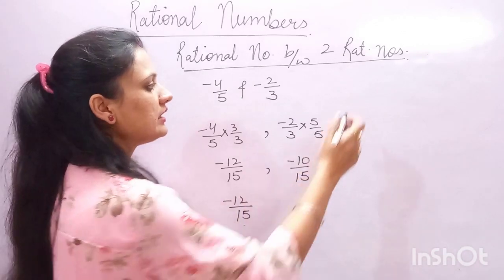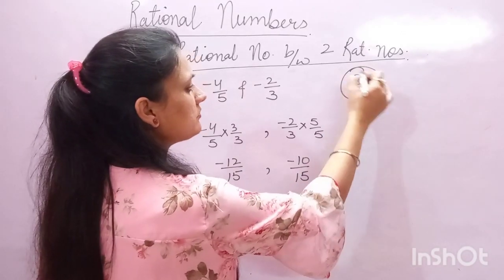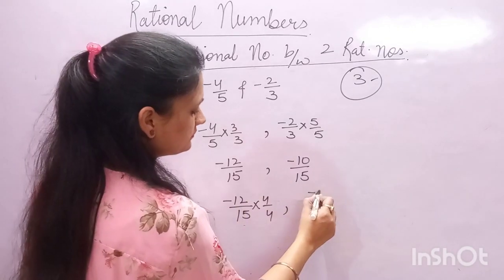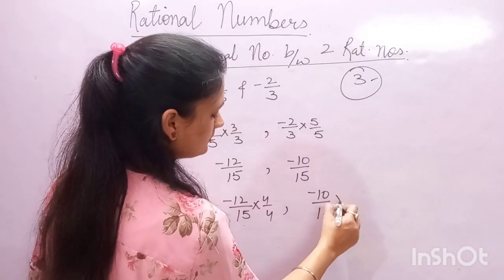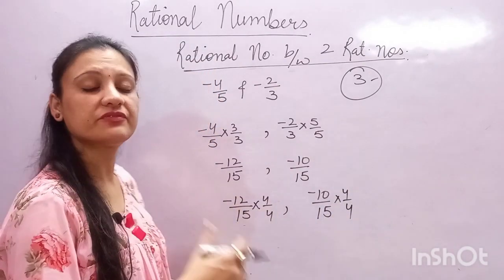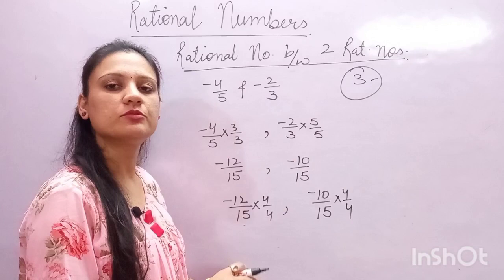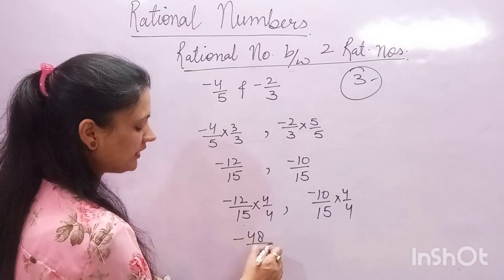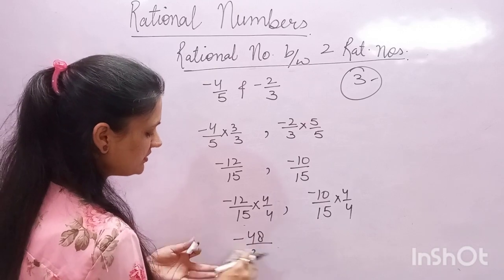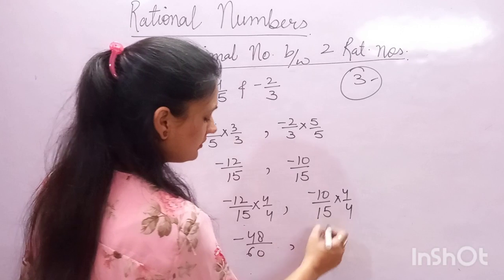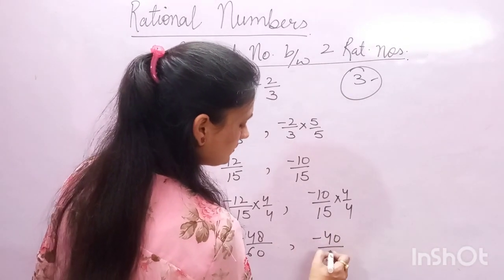For example, if they ask you to find 3 rational numbers, just multiply both by 4. If they ask you to find 5 rational numbers, you just multiply both by 6. Here it is minus 48 by 60, and here minus 40 by 60.